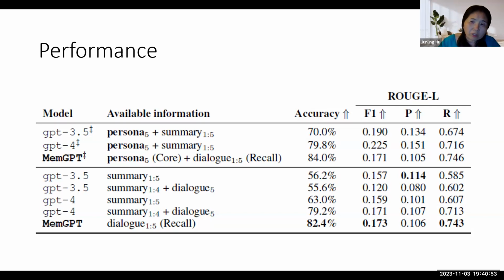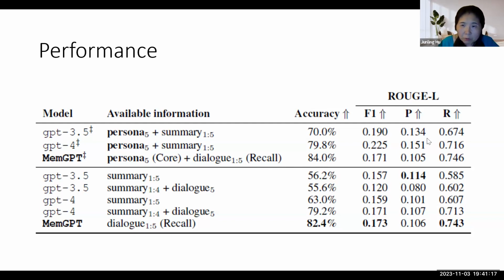But the high level understanding, if you just look at the table, the bolded numbers, essentially says MemGPT did very well compared to GPT-4 and GPT-3.